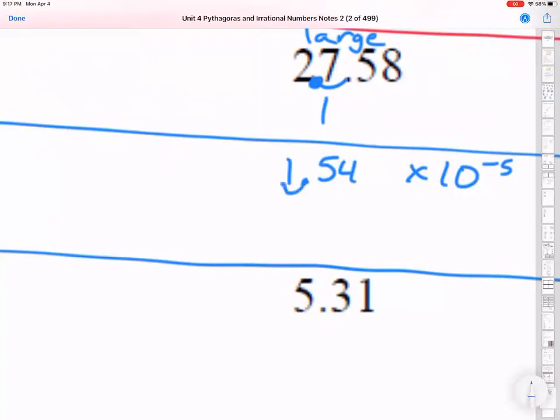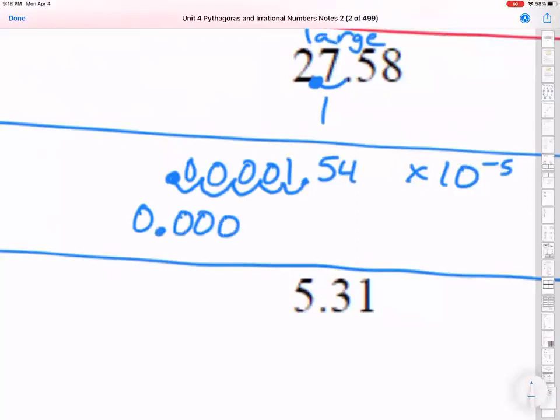So 1, 2, 3, 4, 5. And then we throw in the zeros. And so when we're all done, we end up with 0.0000154. And that would be our standard form.